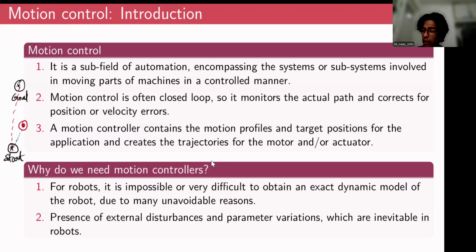So all the paths that we have already defined, using whatever we have learned up to week 6, will be fed into the motion controller, and the motion controller would give input commands to the actuators or motors so that the robot can realize that set trajectory.